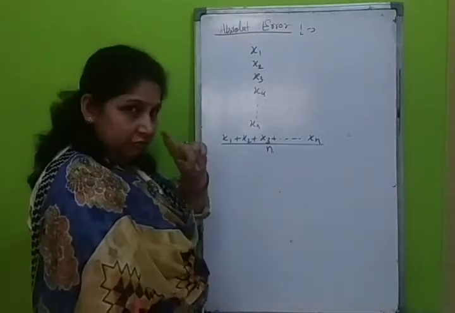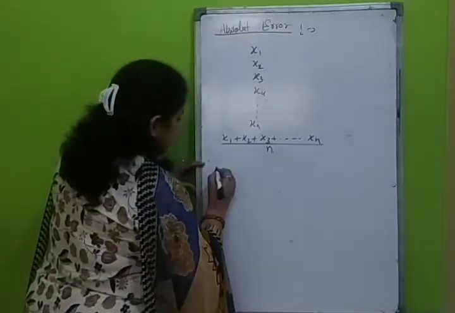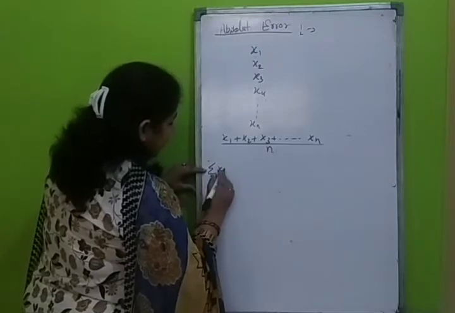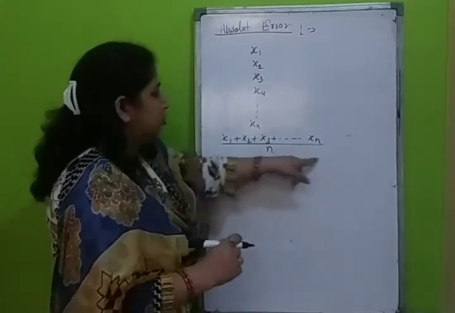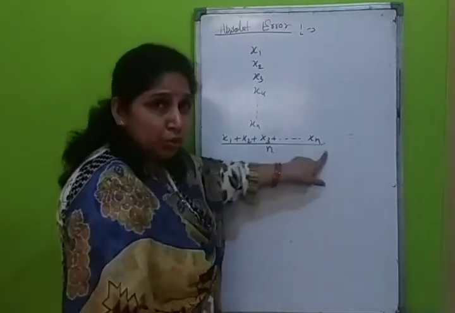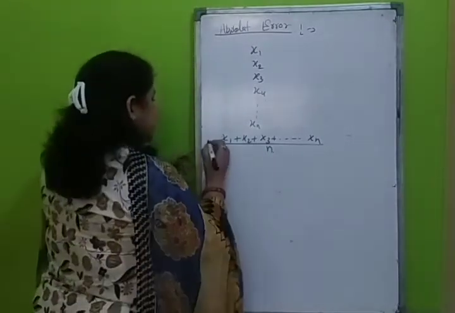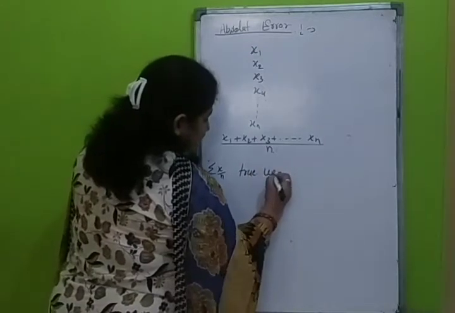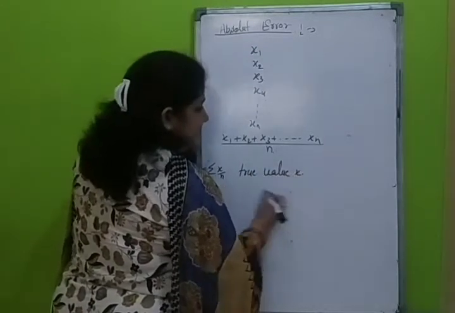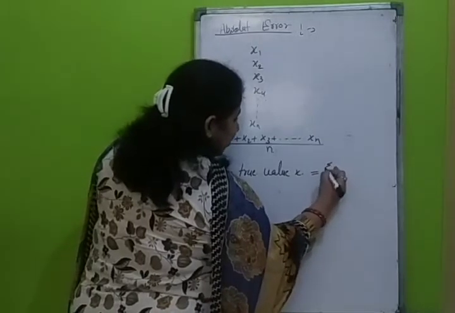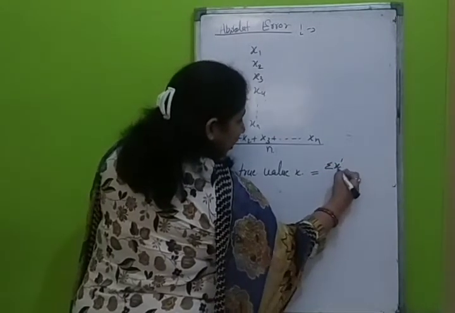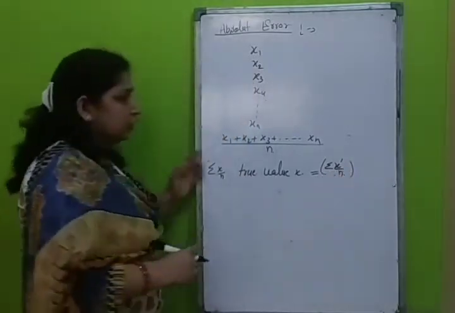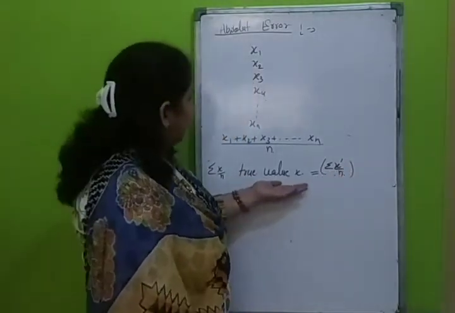Now we have one reading. This reading is known as summation of x upon n. Definitely this value is very near to the true value, and we can take this value as the true value x, means true value x is equal to summation of x' upon n. This is called the value near the true value.